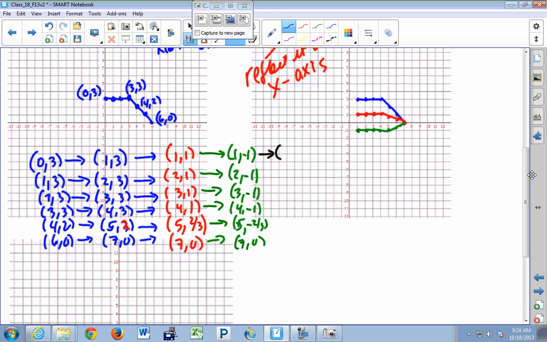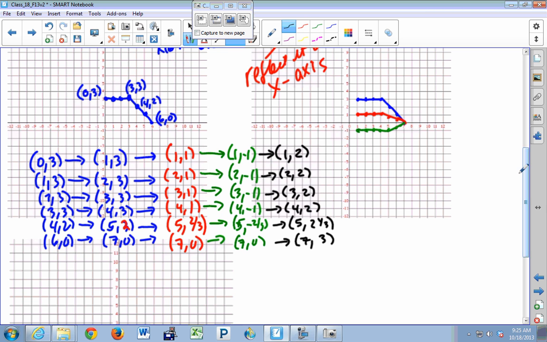So (1, -1) becomes (1, 2), (2, -1) becomes (2, 2), (3, -1) becomes (3, 2), (4, -1) becomes (4, 2). Then (5, -2/3): add 3 to that. What do I get? 2 1/3. And then (7, 0) becomes (7, 3).